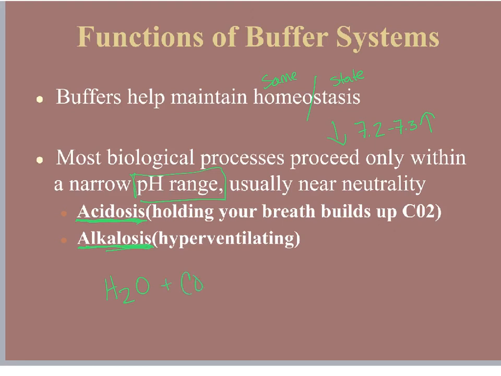When CO2 dissolves in water or builds up in water, you get as one of the byproducts carbonic acid. It's an acid, so that's going to decrease the pH of your blood, right?